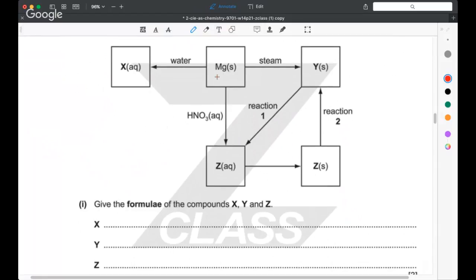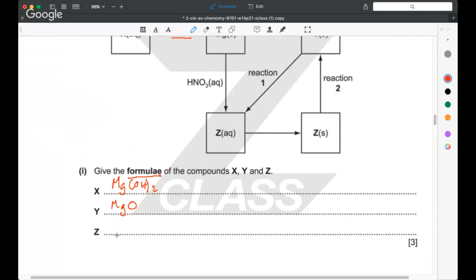When magnesium reacts just with water, then you make magnesium hydroxide. Okay? This question stem is asking us for formulae. And when magnesium reacts with steam, then you get a different product. You get magnesium oxide. And then when you react magnesium with nitric acid, the result of that is magnesium nitrate.